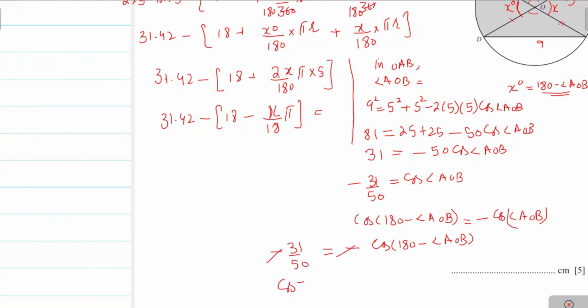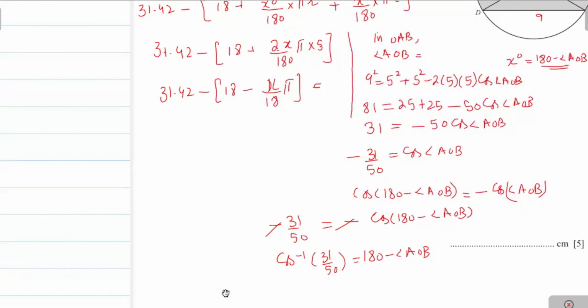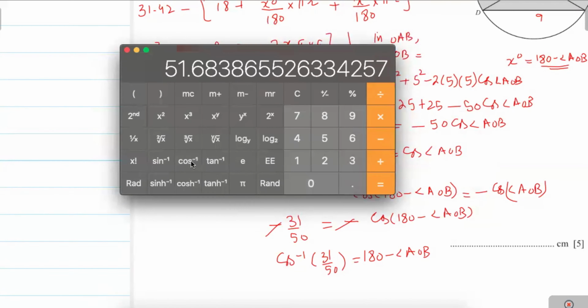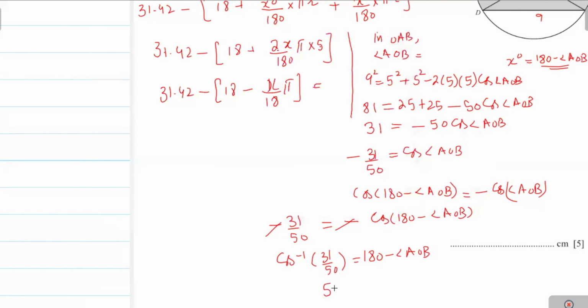Now the cos inverse of 31 over 50 equals 180 minus angle AOB. The value 31 divided by 50, cos inverse gives 51.68. 51.68 is the 180 minus angle AOB, and you see here this is the x degree.